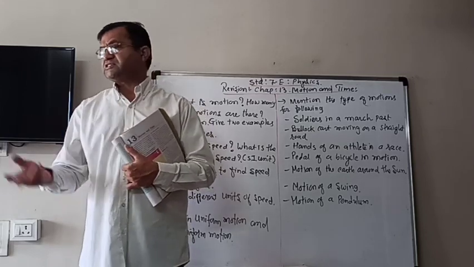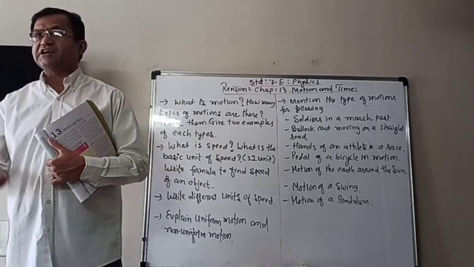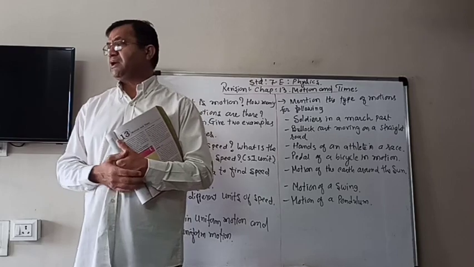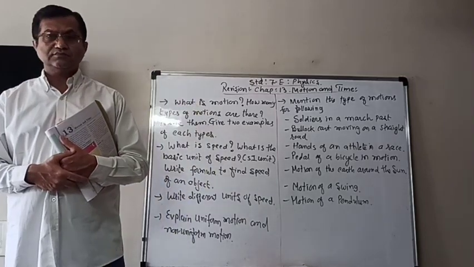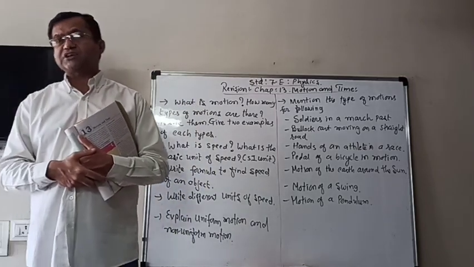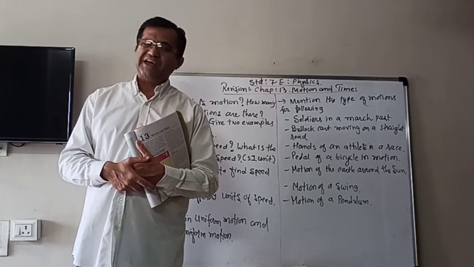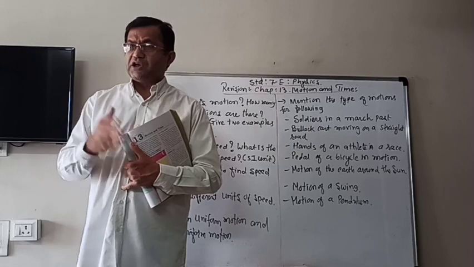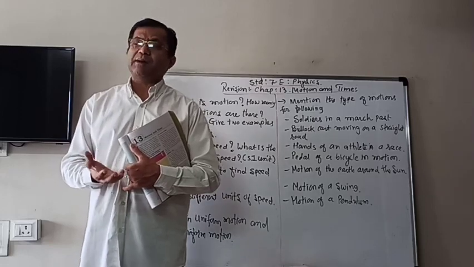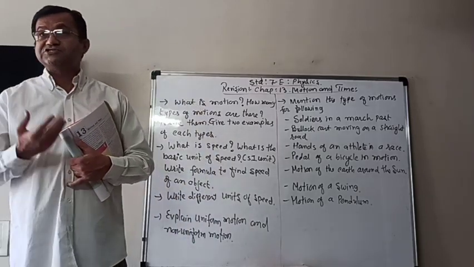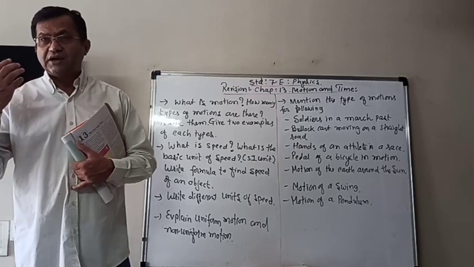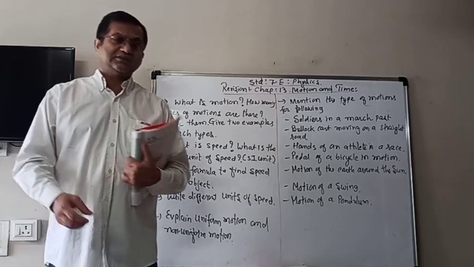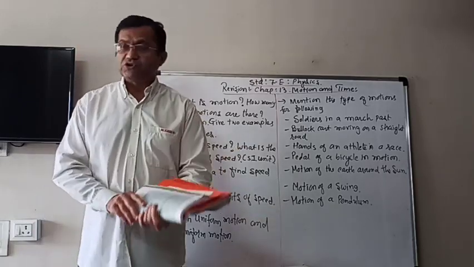Every second you will see that it changes its position. The children playing on the ground, birds flying in the sky, etcetera. In all these examples, they are changing their position with respect to time. So they are said to be in motion.